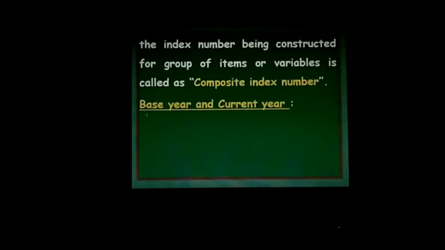For that we need base year and current year. Current year in the sense now, the ongoing situation. Base year in the sense previously, before, what it was. That will be called base year. So in the next video, students, we shall come across base year and current year, complete information.